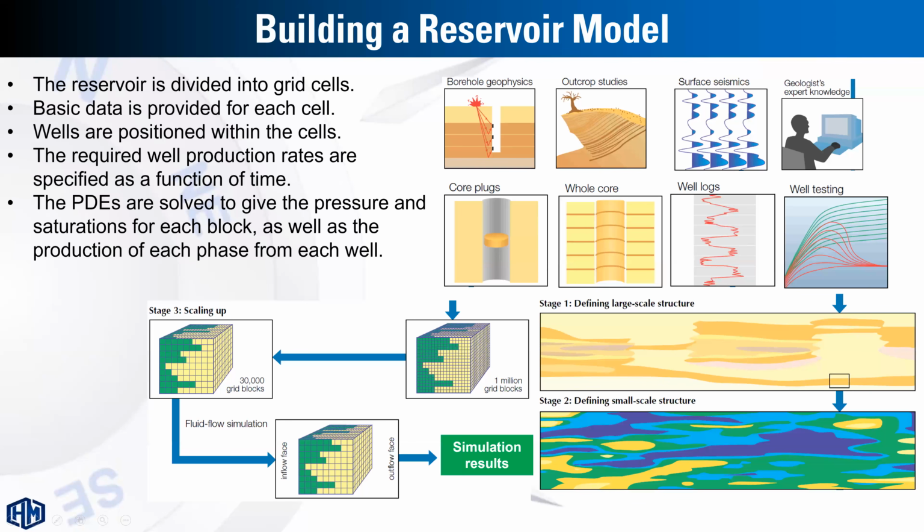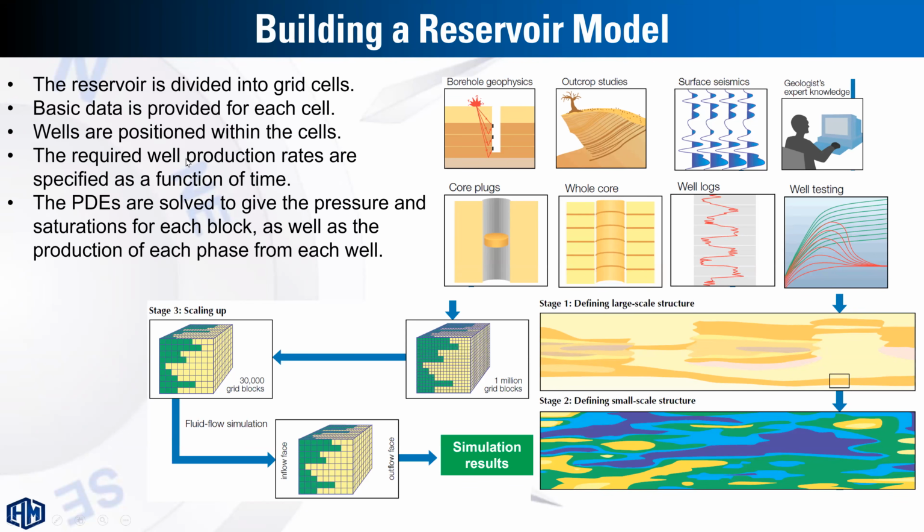And next, you have to solve the simulation equations across the 3D model at every time step. This is the mechanism of the simulation engine after the definition of the 3D model.